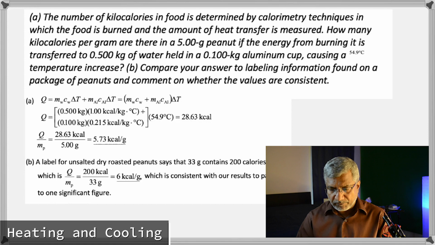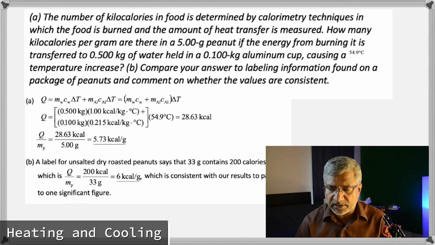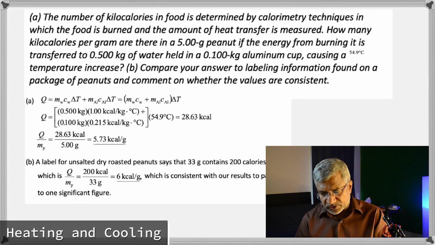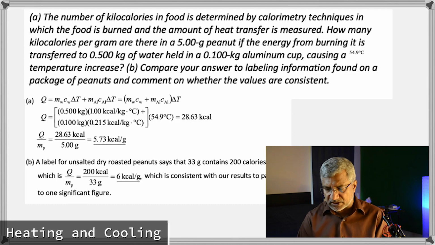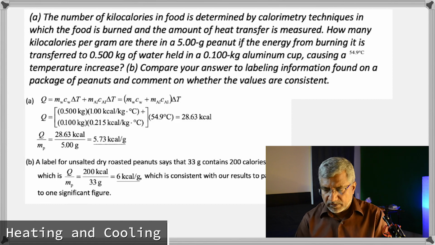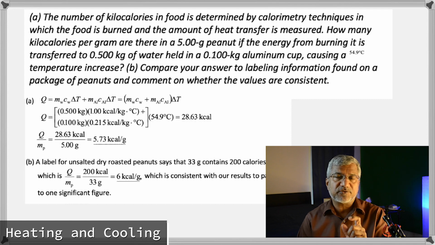And then there is a B part that says, compare your answer to labeling information found on a package of peanuts and comment on whether the values are consistent. Okay, a label for unsalted, dry, roasted peanuts says that 33 grams contains 200. Did you notice? Actually, they say calories. That's a kind of trick. It's not calories, it's actually kilocalories.